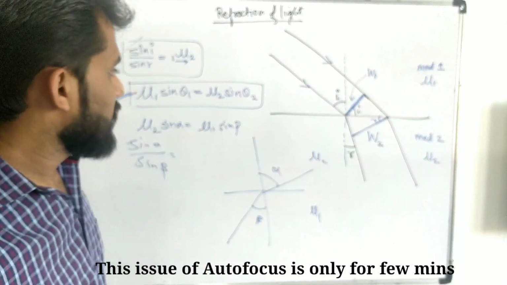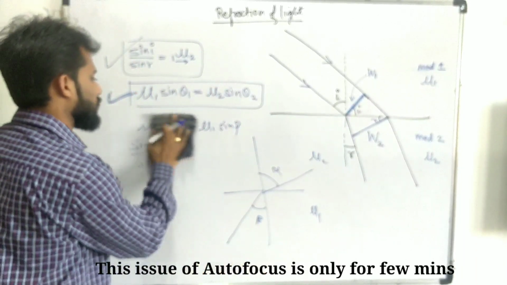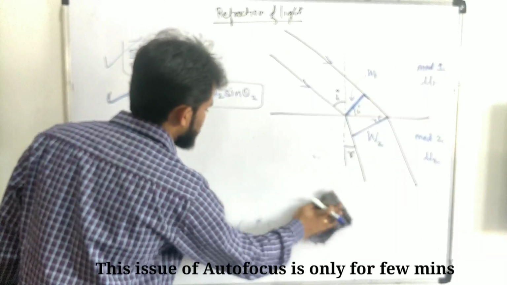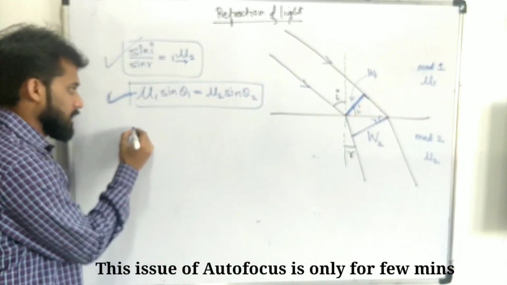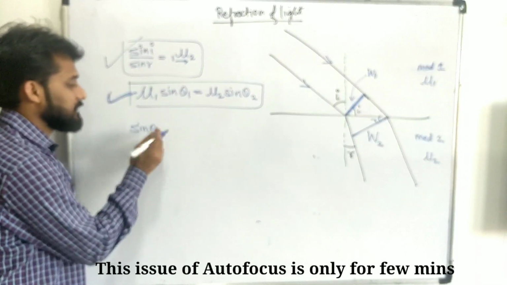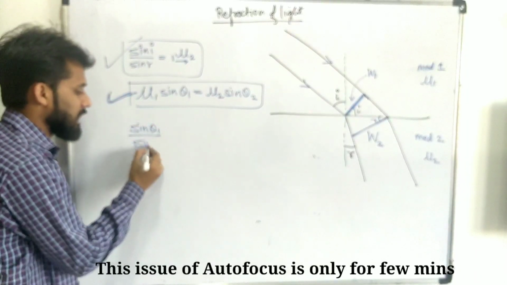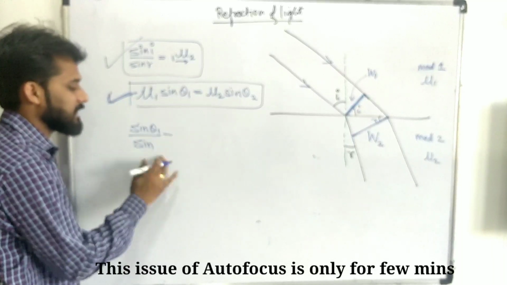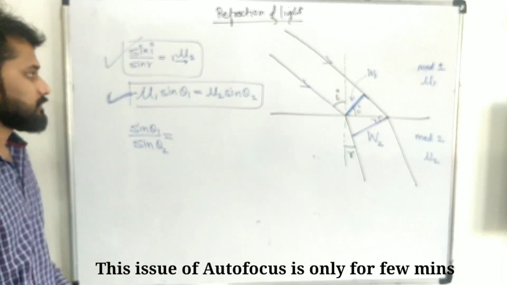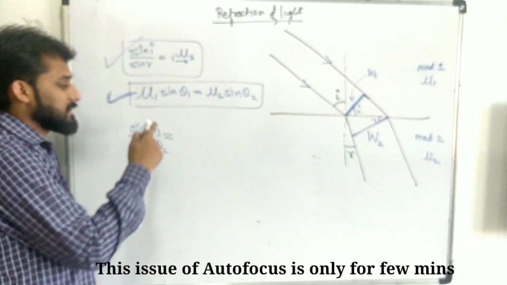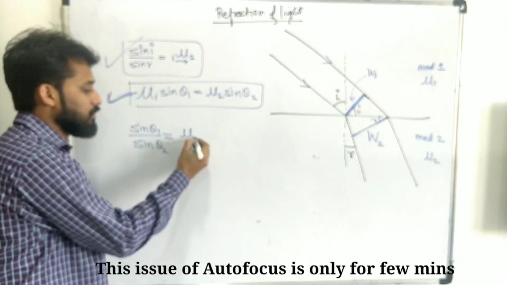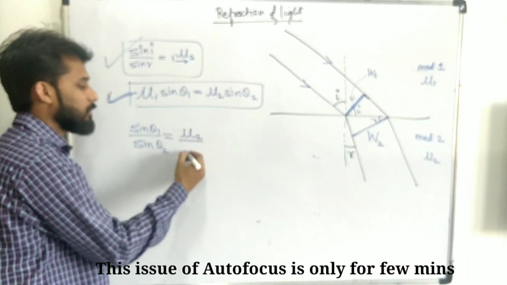Now see, if you know this refractive index का formula, there are different variations. Okay? And what are those variations? I'll explain. Sin theta 1, which is sin I, by sin theta 2, which is sin R, will be equal to mu 2 upon mu 1, cross multiply.